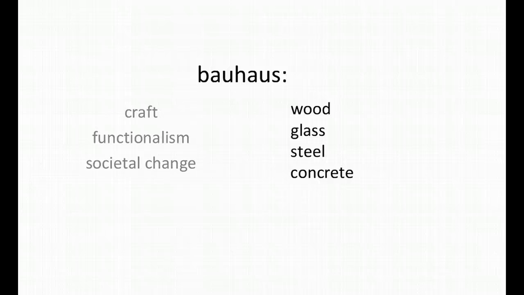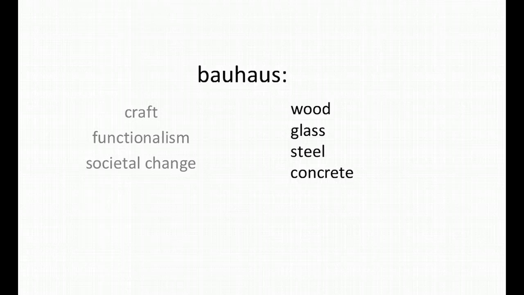Simply put, Bauhaus was a school. It was a school in Dessau, Germany, and it was a school that was shut down formally by the Third Reich, who saw it as useless. The school was very interested in the idea of craft.